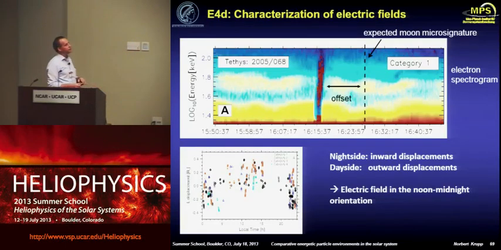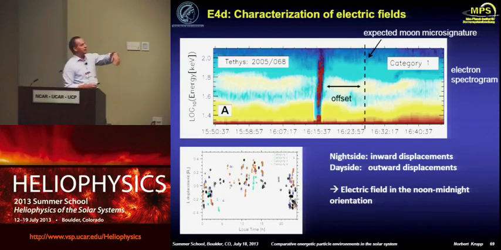If you then do this for a lot of measurements where you crossed the L shell of the moons, and you know where the moon was with respect to the signature you see, then you find out that this displacement in L, so this offset, as a function of local time, shows this structure here: an inward displacement on the night side, which is around 0 or 2400 hours, and a radial outward displacement on the day side, around noon.